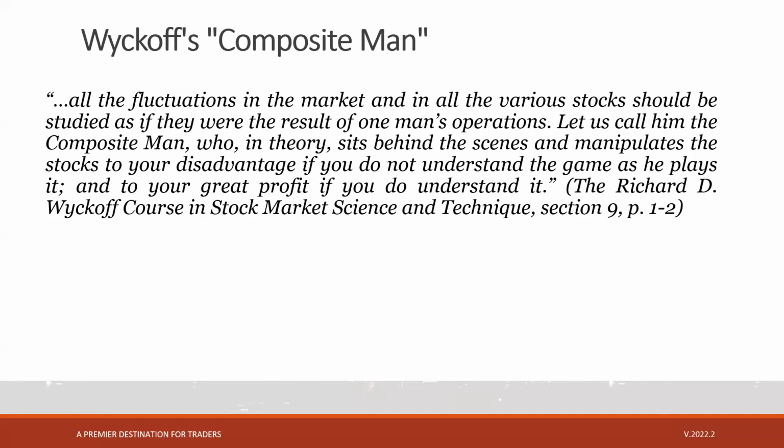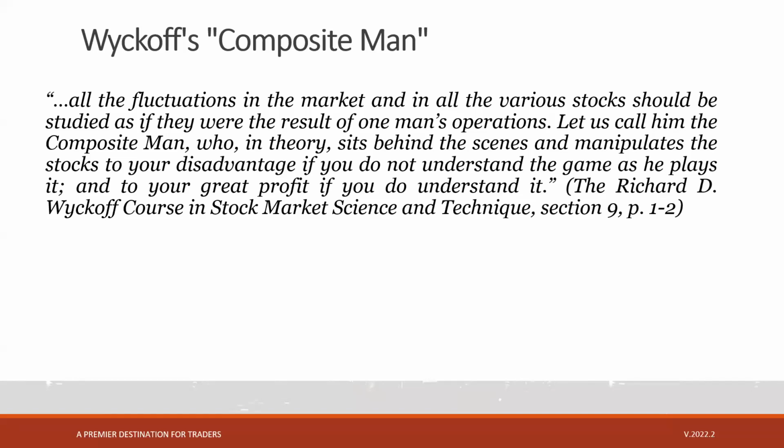Okay, so now I'm going to explain the composite man a little bit. I know I've talked about it, but the way Richard Wyckoff pictured it, what he noticed is that it's as though there is somebody that is moving the markets. Now, there's no one person that's moving the markets, right? But what happens is those big banks, the big players in the markets, when they move the market, they tend to move in tandem, because guess what?